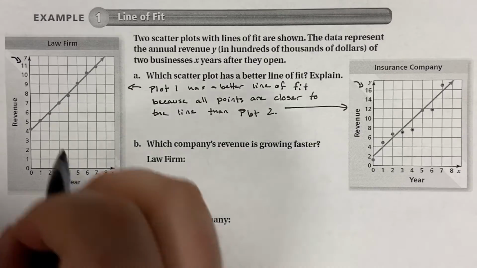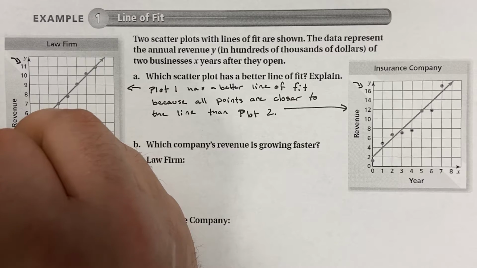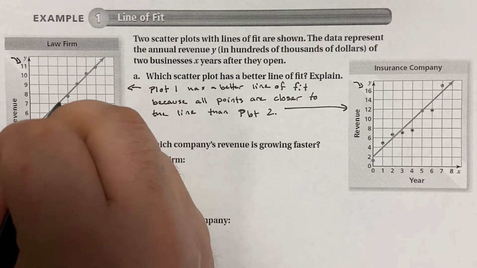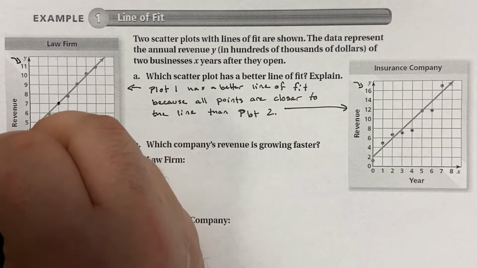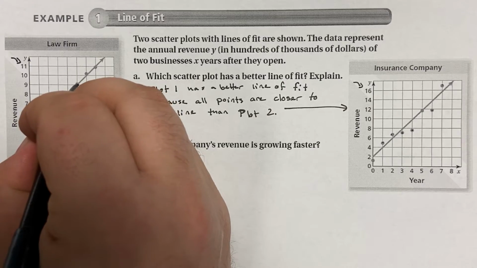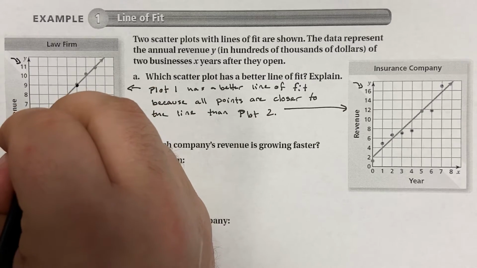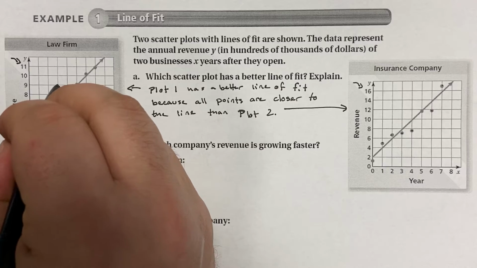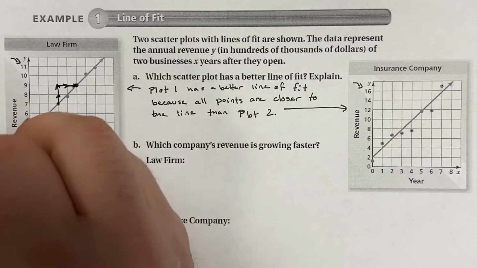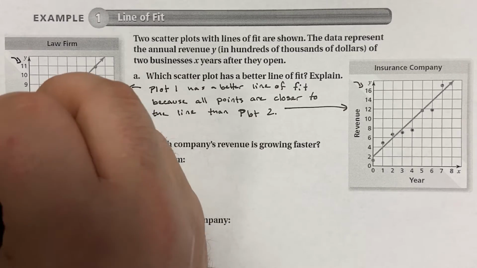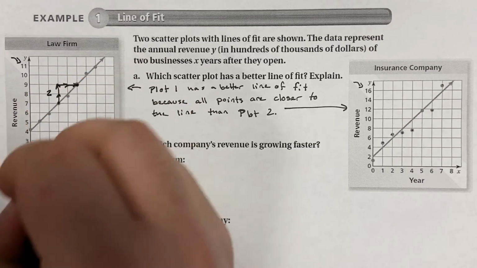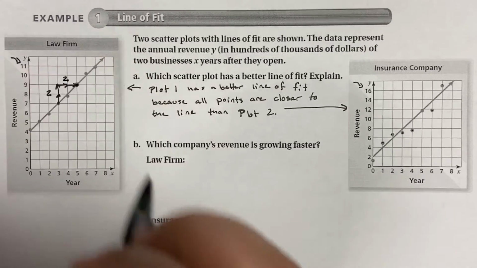That's going to come in handy because if we pick two points that are easily recognizable, here's one, and here's one. On this graph, we go up 1, 2, over 1, over 2. Now, these intervals are actually 1, so I can say this is 2, and these intervals are 1, so I can say this is 2.